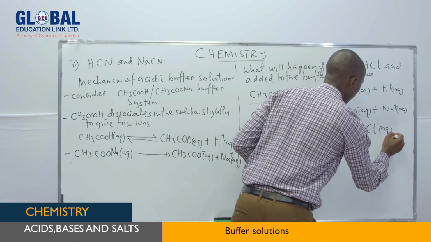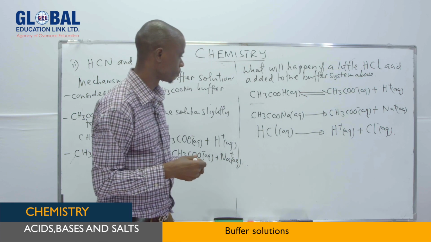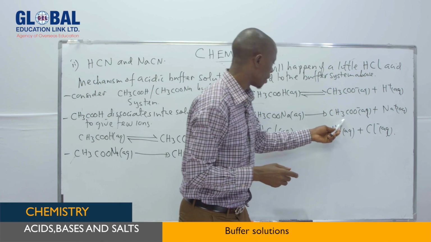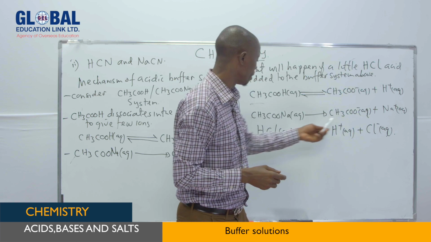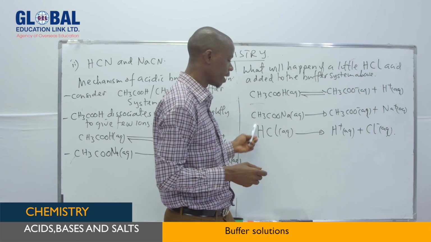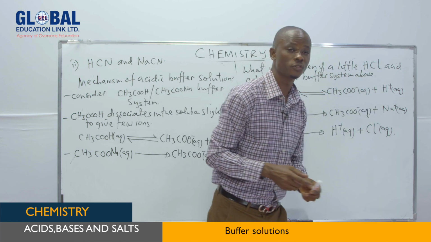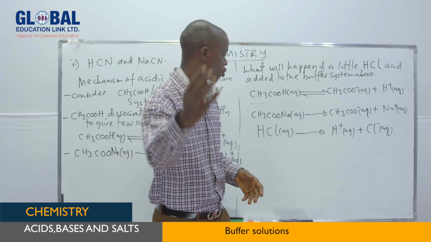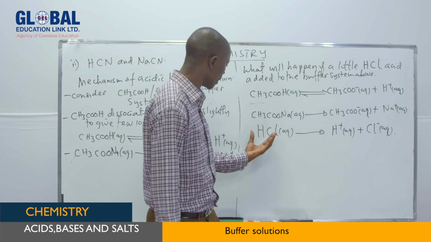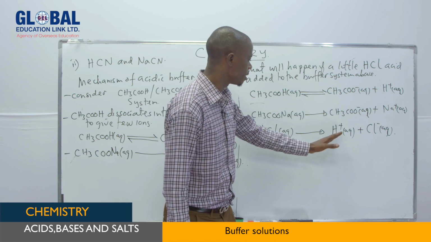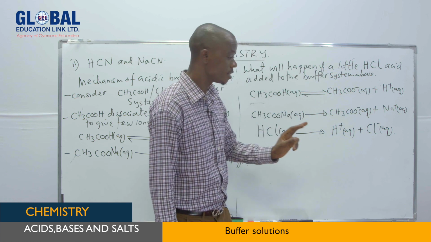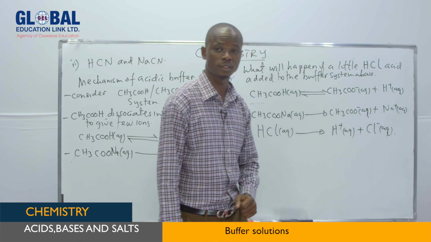Now, what will happen here after that? The hydrogen ion released from the strong acid will increase the concentration of hydrogen ion in the solution. So the dissociation of this strong acid releases hydrogen ions. This disturbs the concentration of hydrogen in the solution.